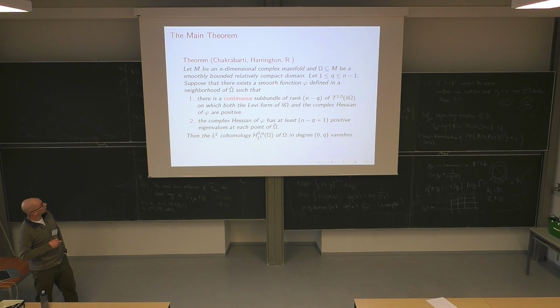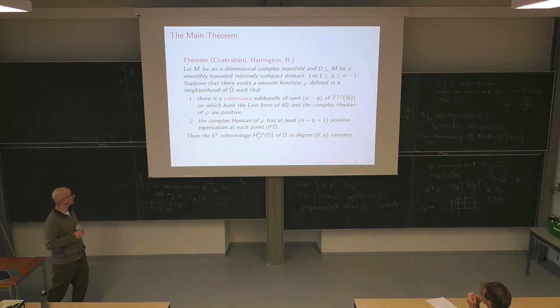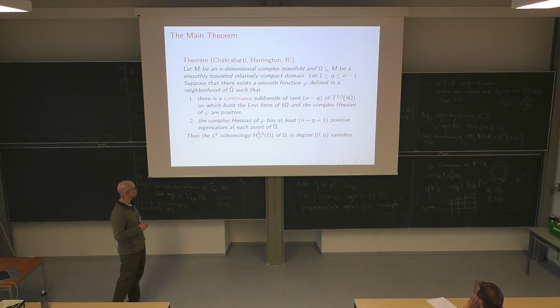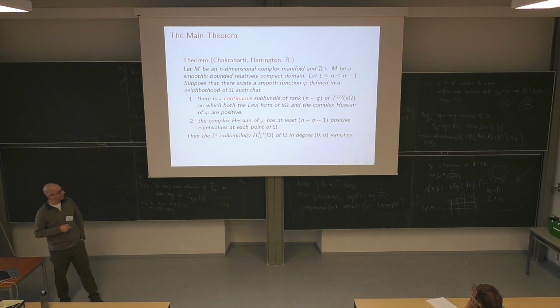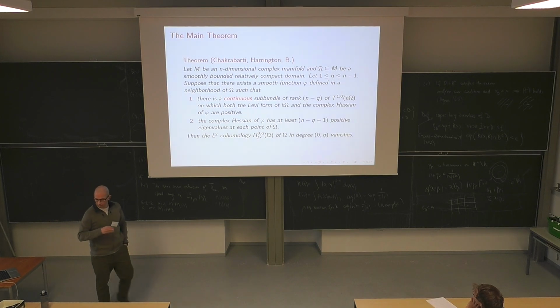And we suppose that there exists a smooth function phi defined in a neighborhood of omega closure so that there is a continuous subbundle of rank n minus q on which both the Levy form and the complex Hessian of phi are positive. And we know that the complex Hessian of phi has at least n minus q plus 1 positive eigenvalues at each point of omega bar. Then there is no L2 cohomology on 0Q forms.